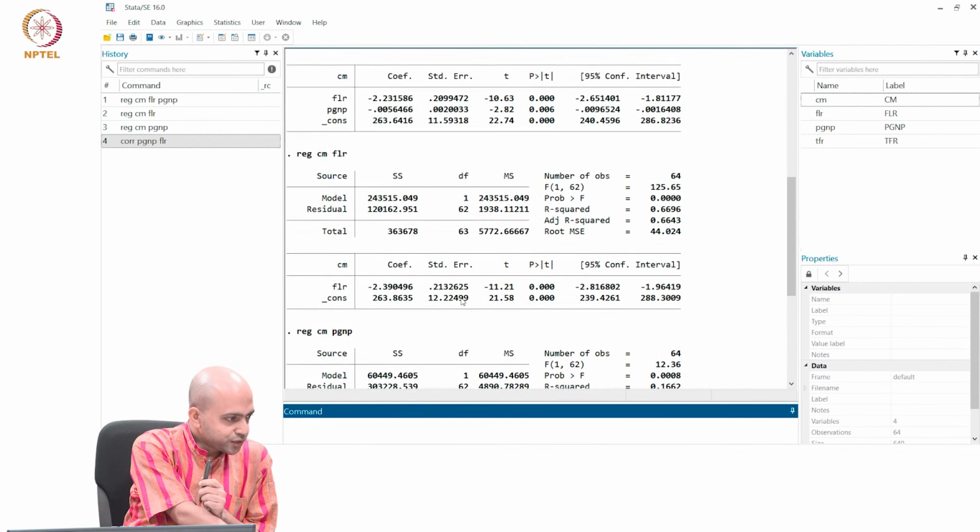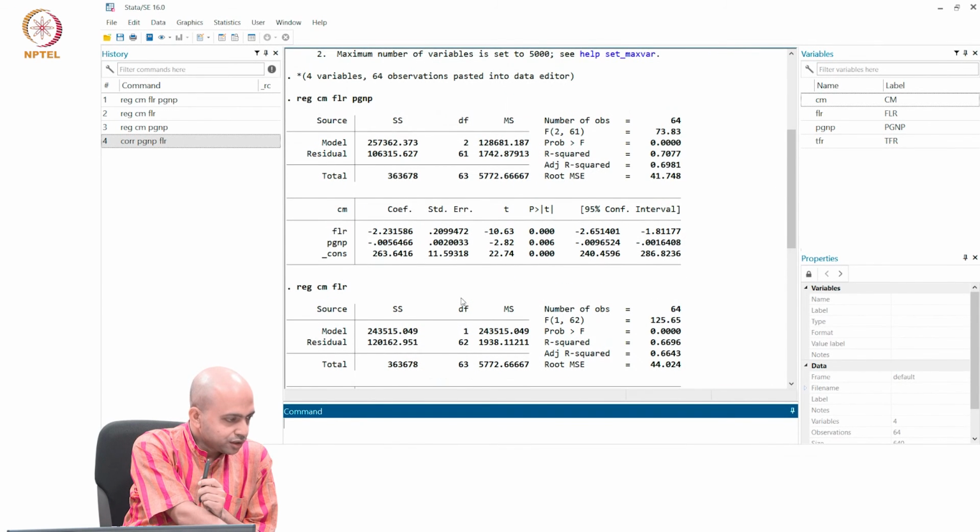So, when we take this model, this is our complete model, and we look at the ANOVA table. What is the model sum of squares? The model sum of squares value is 2,57,362.373, and what is the degrees of freedom?